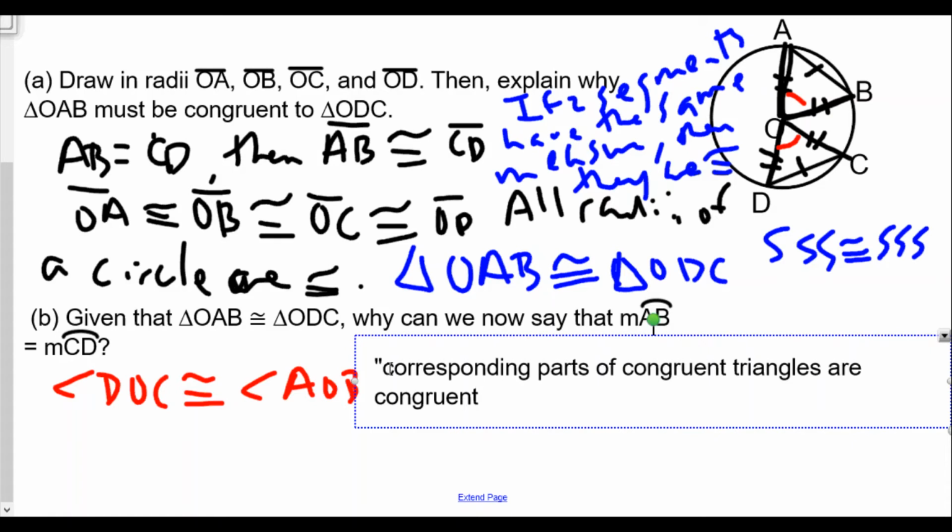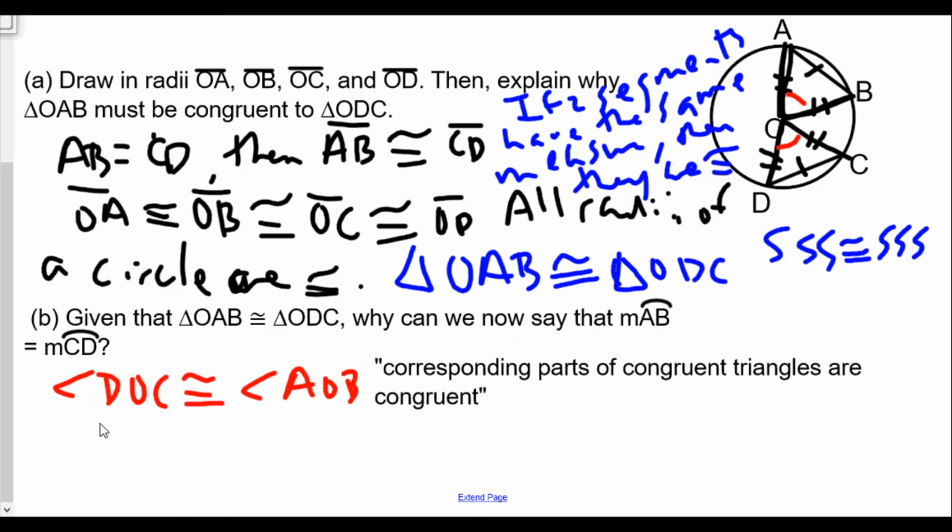That would be the reason for the triangles being congruent. We can then make the statement that the measure of angle DOC is equal to the measure of angle AOB.